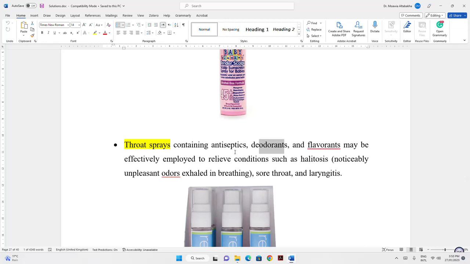No, here we are talking about deodorants for the throat itself, to remove the bad smell, and it may contain also flavoring agents, that is to relieve from a condition called halitosis. Halitosis is the bad smell that comes from the mouth while exhaling. Okay. Also, you can use these drugs for sore throat and laryngitis.